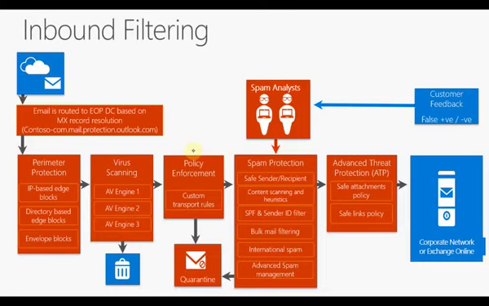So the majority of your anti-spam is going to be done via Exchange Online. This means it's going to be available in all plans. So this is going to be relevant for Office 365 as well as Microsoft 365 as well. So with that conceptual diagram in our heads, let's go back and actually have a look at these policies in the real world.